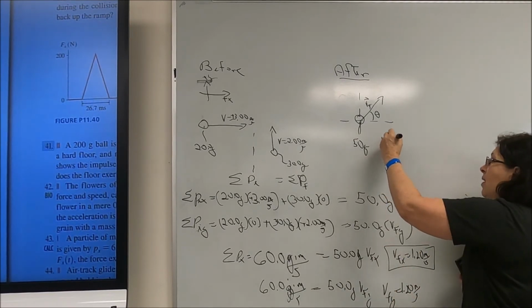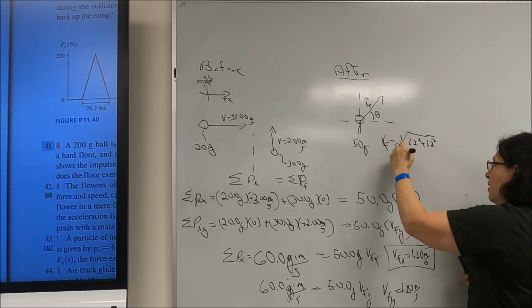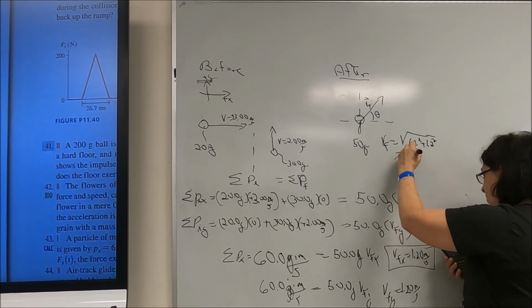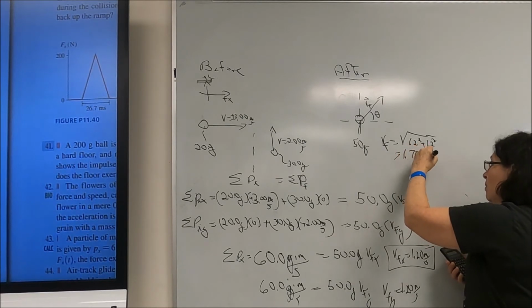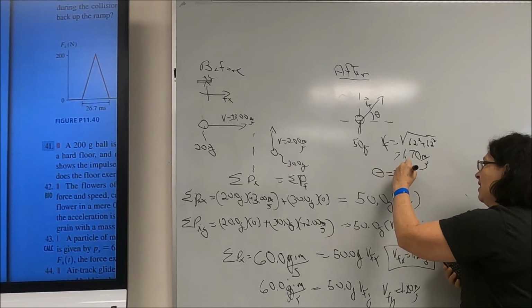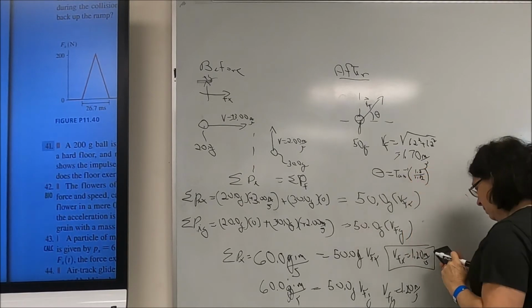Okay? So if I want to get V final, it's the square root of 1.2 squared plus 1.2 squared. So I get 1.70 meters per second, and our angle theta is the inverse tangent of 1.2 over 1.2.